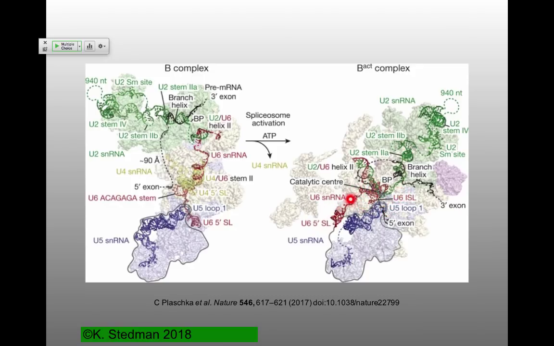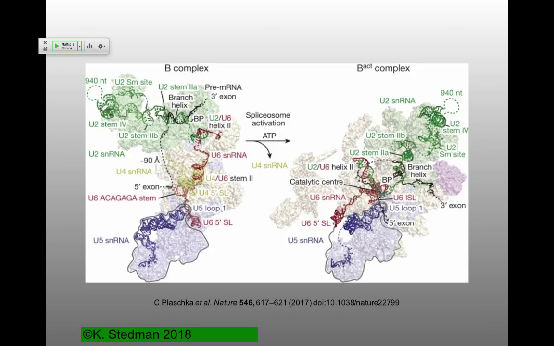And again, this is all about this U6 small nuclear RNA, which has the catalytic site through the RNA binding to the metals that we talked about last time. This particular paper came out in August of last year. So we're beginning to get an idea of the atomic and molecular nature of exactly how the spliceosome works.